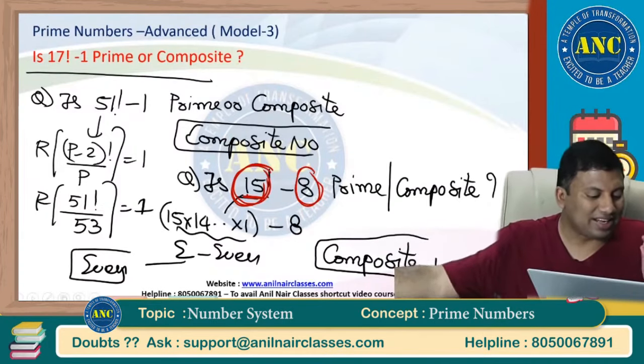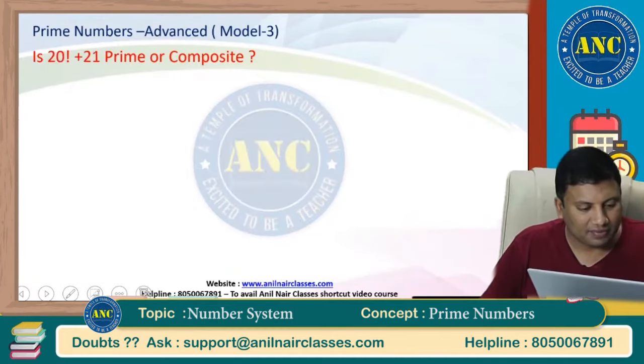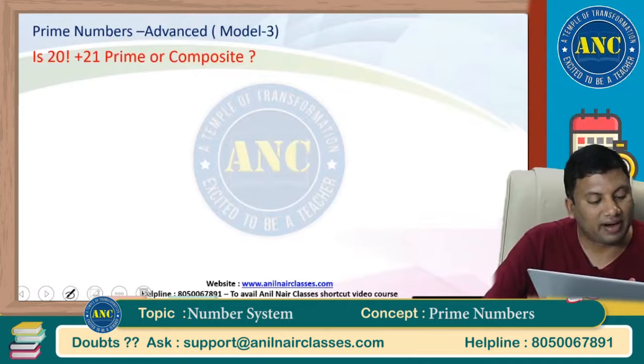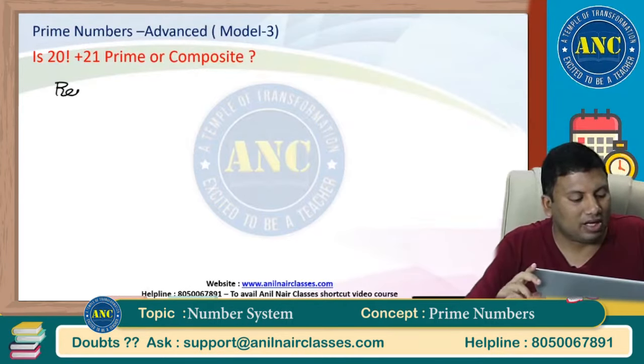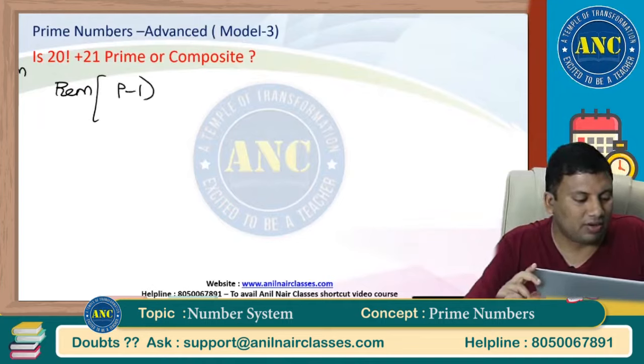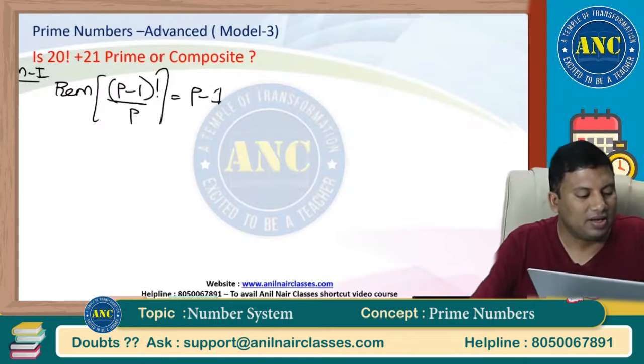I hope it is clear. Next one, another variety. Varieties of questions in our class: 20 factorial plus 21, prime or composite? What is the concept that we discussed? I will discuss this problem in two methods. Method 1: (p minus 1) factorial by p gives p minus 1.